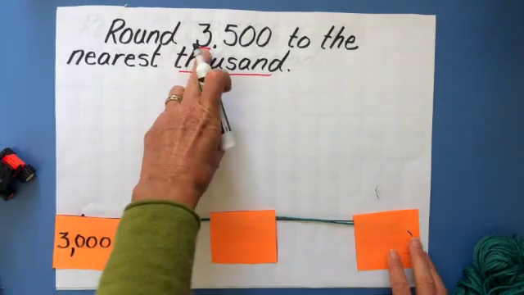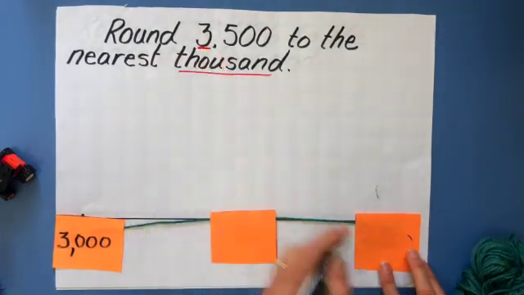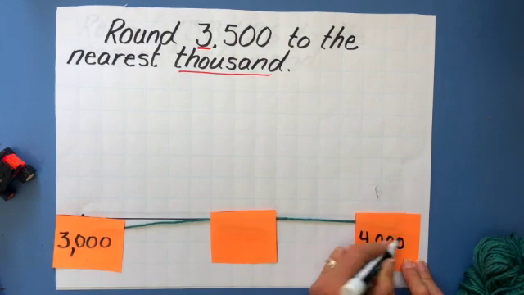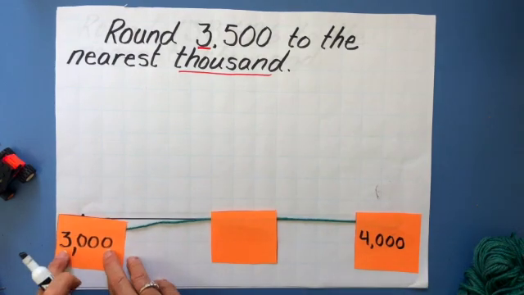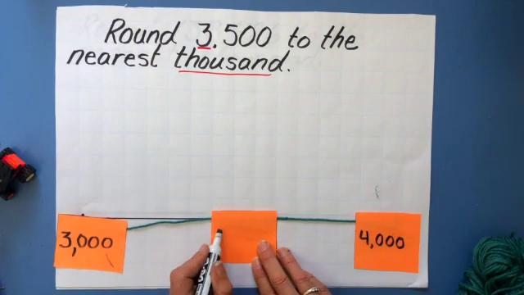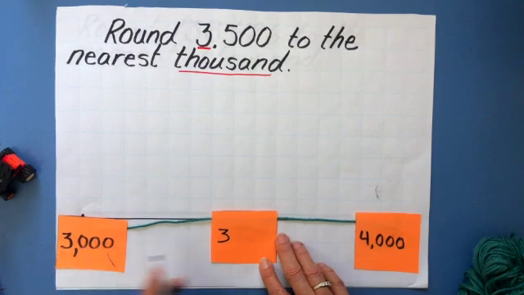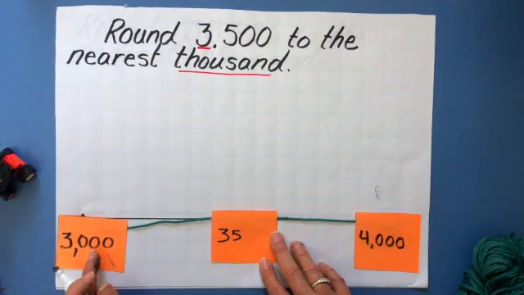Now I'm going to do one more than that digit that I've underlined, which would be 4. Then I go back to the first one, write that 3, and the digit right next to the 3 is going to be a 5, and all the other digits are going to remain 0.